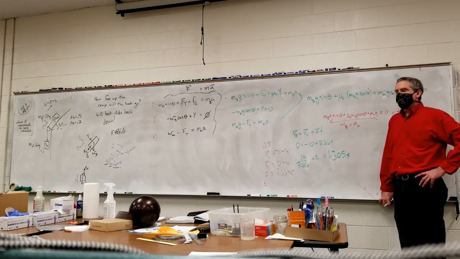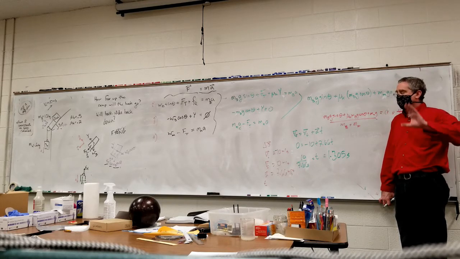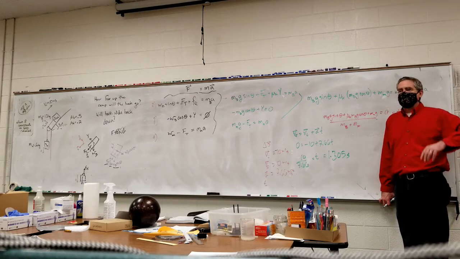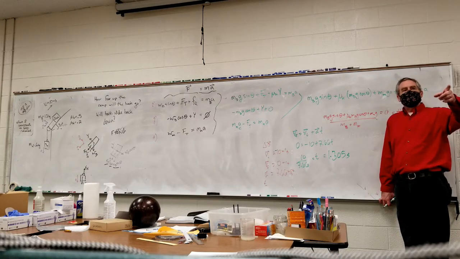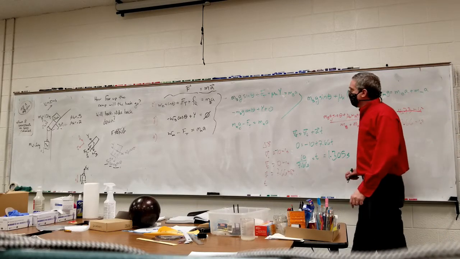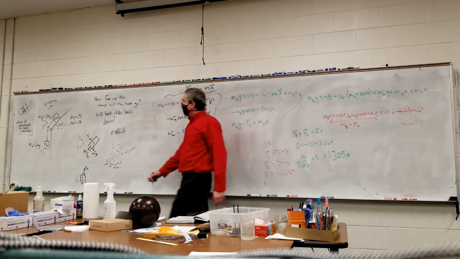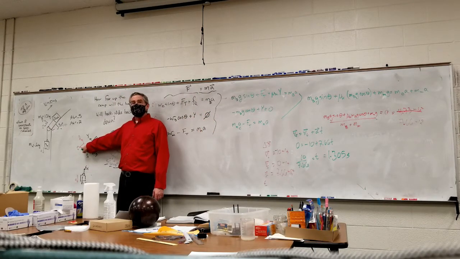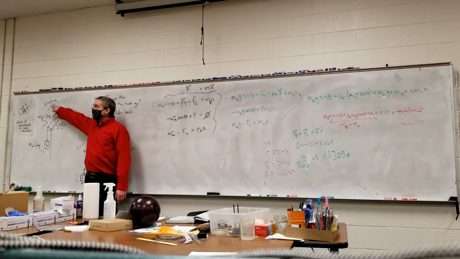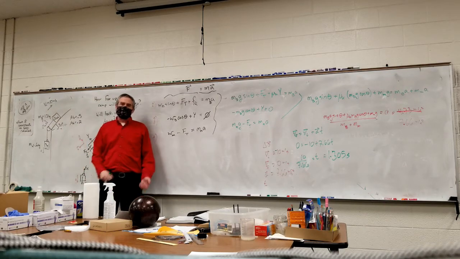Or do you want more numbers? No, that's fine. I thought I heard another number in there. So why did the initial velocity and acceleration have to have opposite signs? Because when we solved for acceleration, we assumed that down the ramp was positive. But the book is going up the ramp. So that's why they're opposite signs.